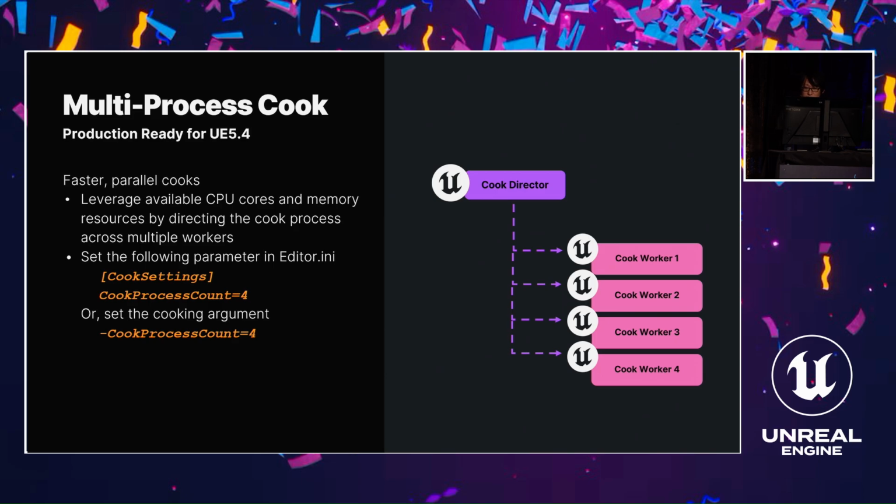It is easy to use, as you just add these settings to the editor.ini file. Once you add the settings, multiple processes will be used to cook when executing cooking from the editor or project launcher. You can use these settings by passing the number of processes as an argument when using the automation tool.